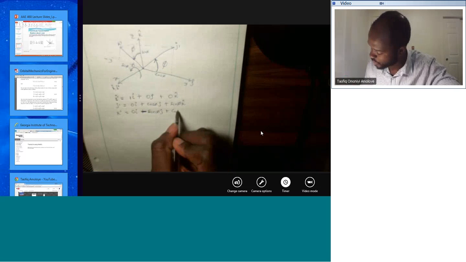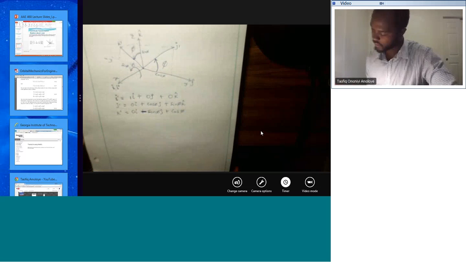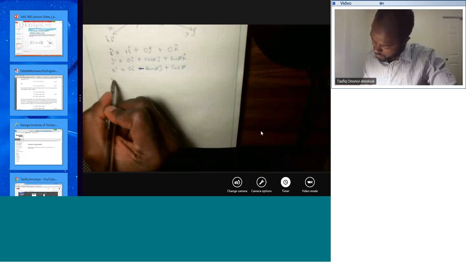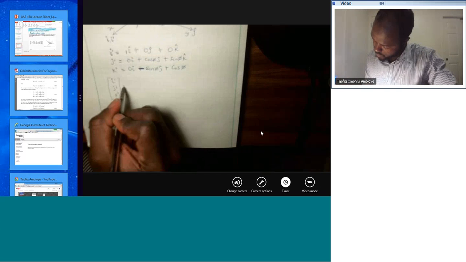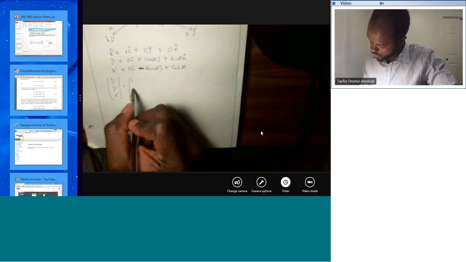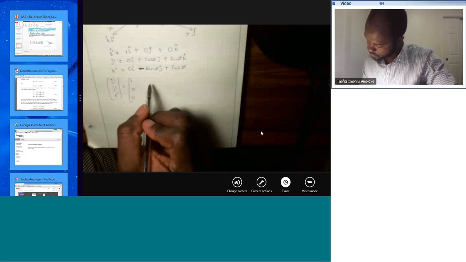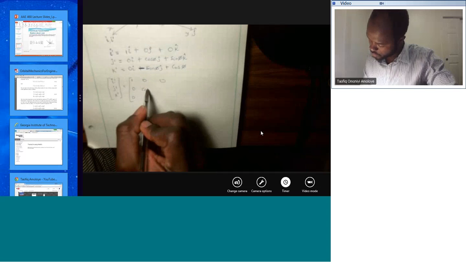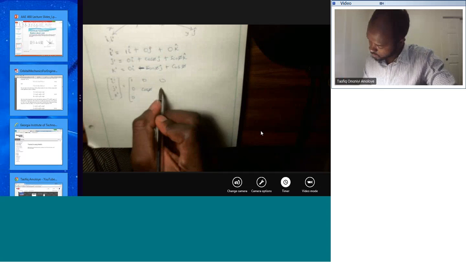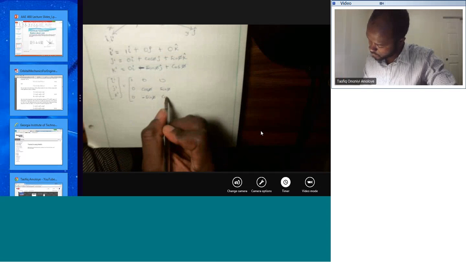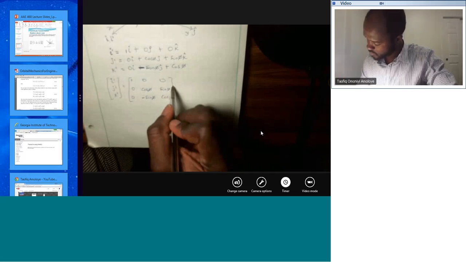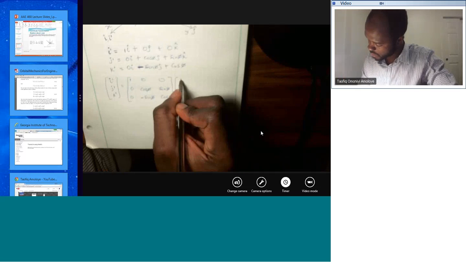plus cos phi k. We can now write this in matrix notation: i prime, j prime, k prime is equal to the matrix with rows 1, 0, 0; 0, cos phi, sine phi; 0, minus sine phi, cos phi, into i, j, k.